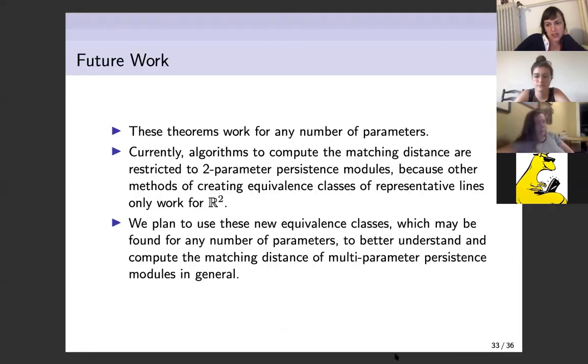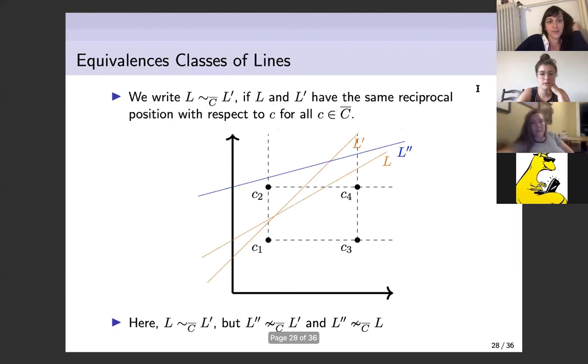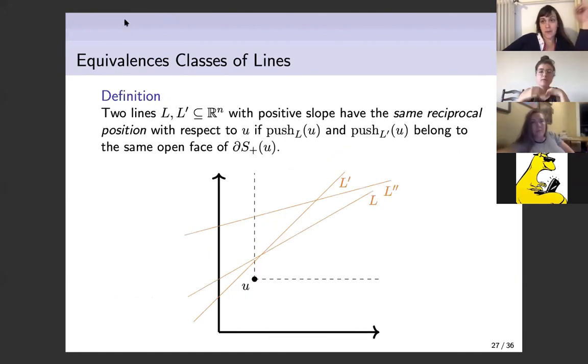Probably I missed it, but can you explain what the same reciprocal position is? Yeah, let's go back to this slide. Okay, let's start over. We have a point U here, and we look at its positive cone, so all of the values in the parameter space that are bigger or equal to that point.